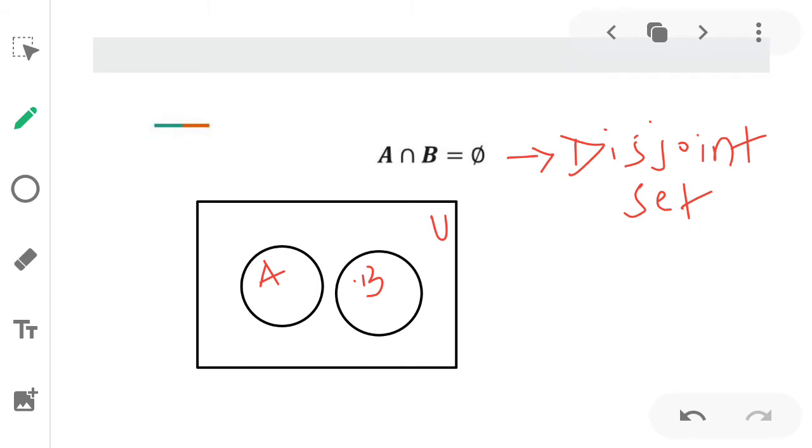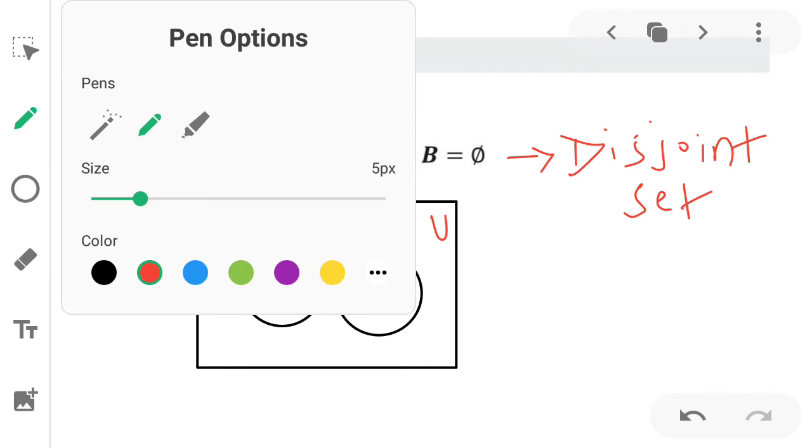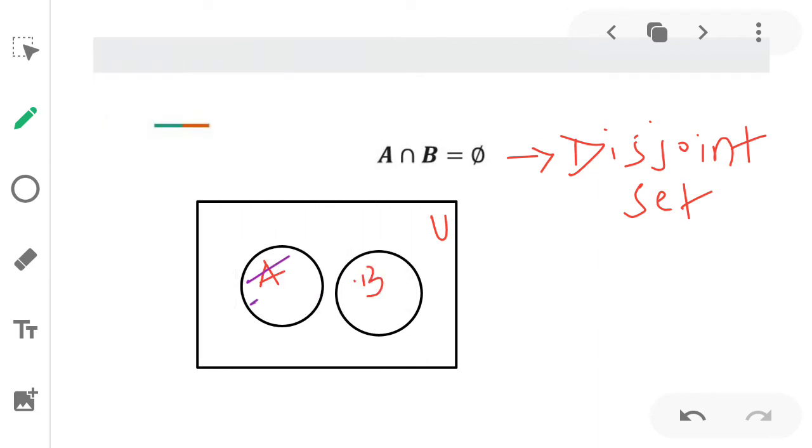If there are common elements, then only I need to overlap them to show that there are some common elements. So there are no common elements, I will draw the two separate circles. Either you can highlight this area or you can keep it as it is. So I will highlight. These both circles will represent the elements of A and the elements of B.